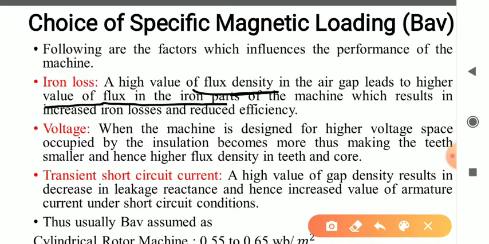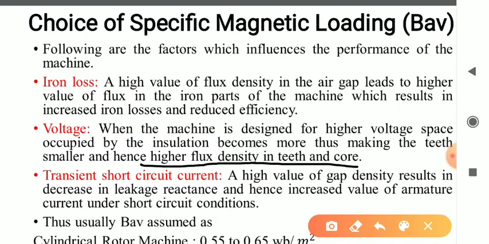Therefore, if the specific magnetic loading is higher in value, then we need to compromise with the efficiency. Second is the voltage. A higher value of the specific magnetic loading is nothing but a higher value of the flux density in the teeth of the rotor and stator core.